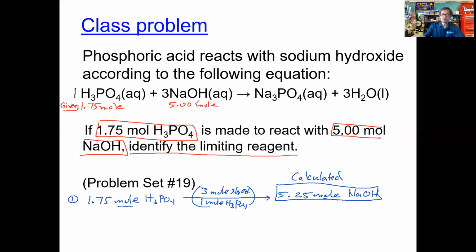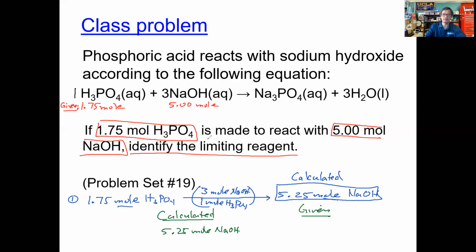Okay, that's calculated. And so remember what we did then, once we have that, let's compare this calculated amount of NaOH to the given amount of NaOH here. So the calculated amount of NaOH, let's write that down here, is 5.25 moles of NaOH. And let's compare that to the given. What's given here is right here.